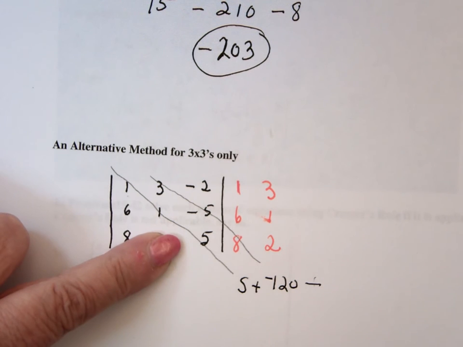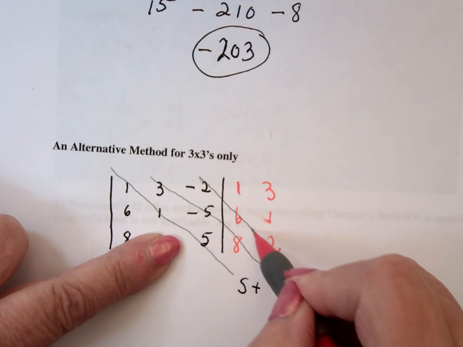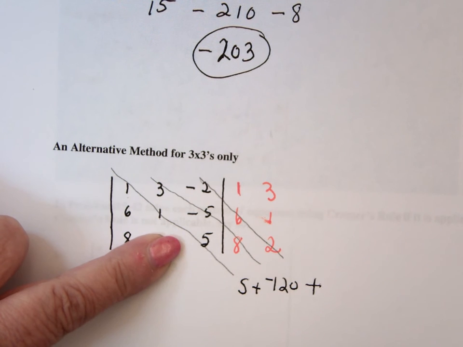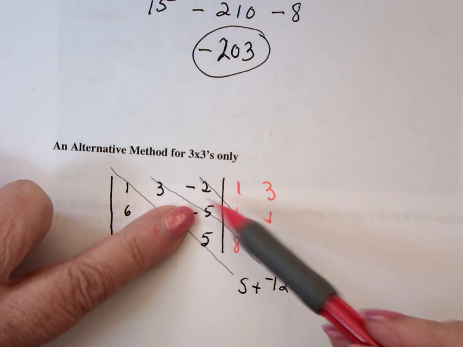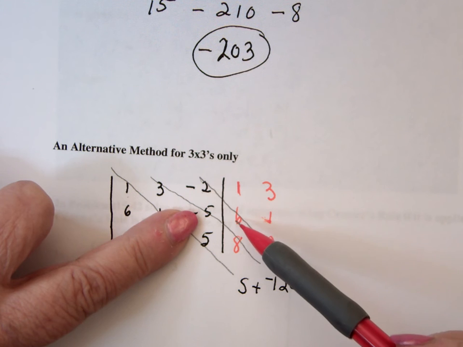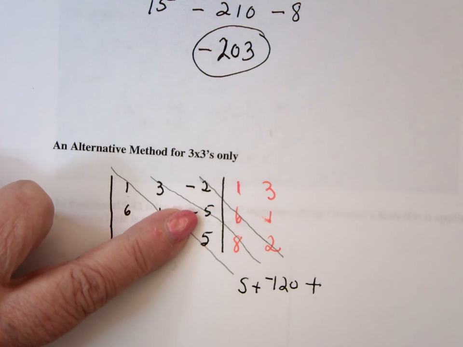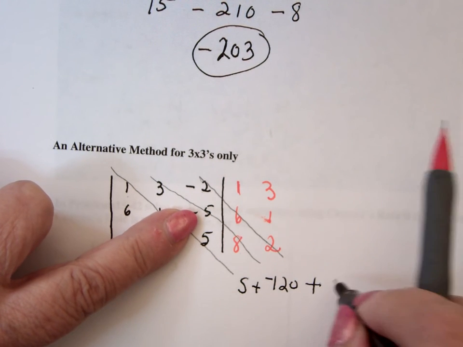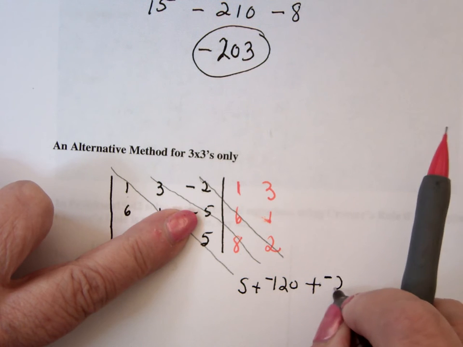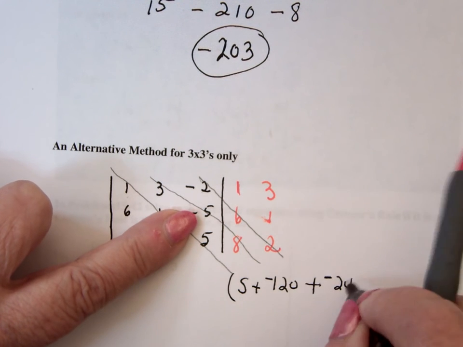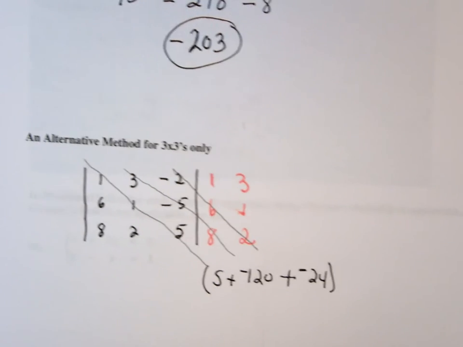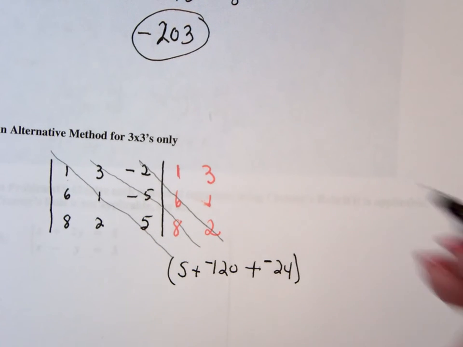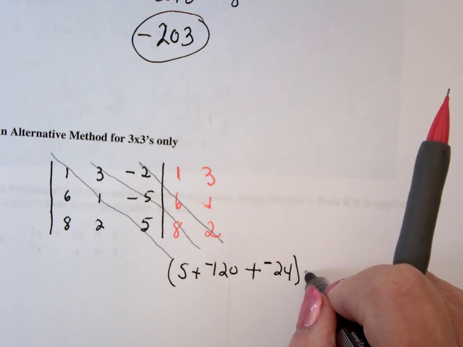Add, multiply down. Notice how everything is nice and neat. So this is -4 times 6 is -24. So that's your down. And when we're doing 2 by 2s, it's down what? Minus up.